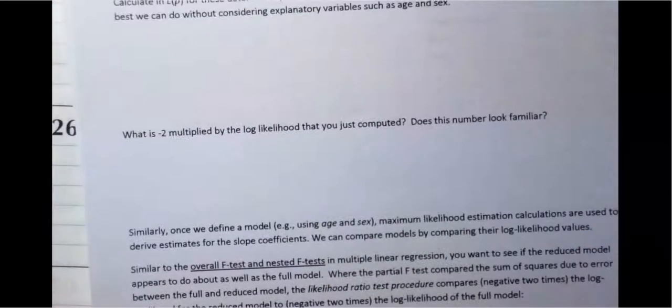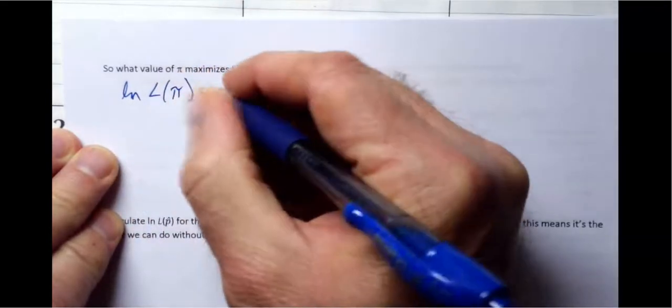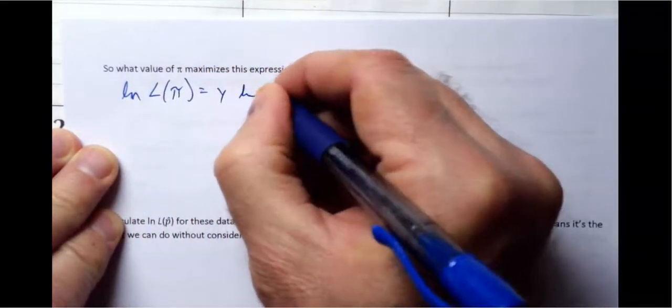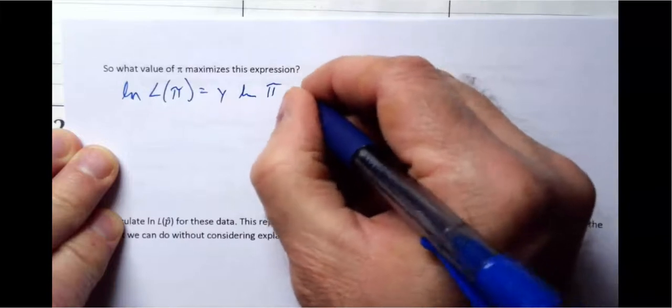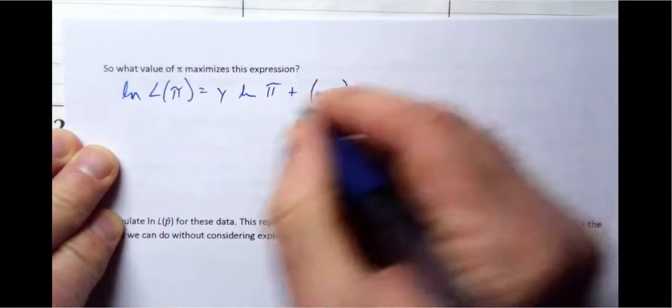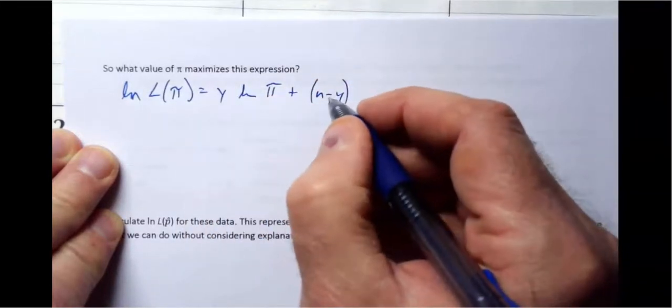So what value then will maximize this expression? Just to write it out here again, the log of L of pi is y log of pi plus n minus y log of 1 minus pi. So y is the number of survivors, and n minus y is the number of people who died.